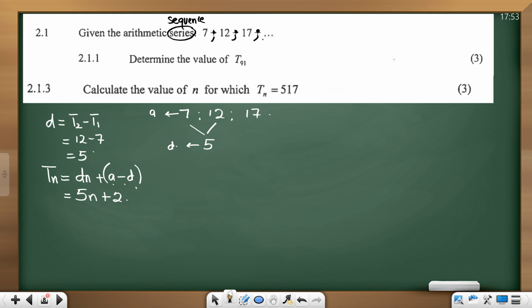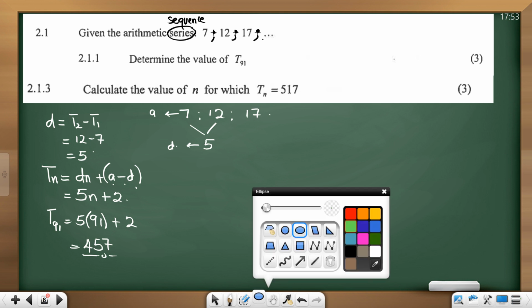Good there. But we want T91. Oh, so T91, that gives us 5n plus 2. I hope you got that.